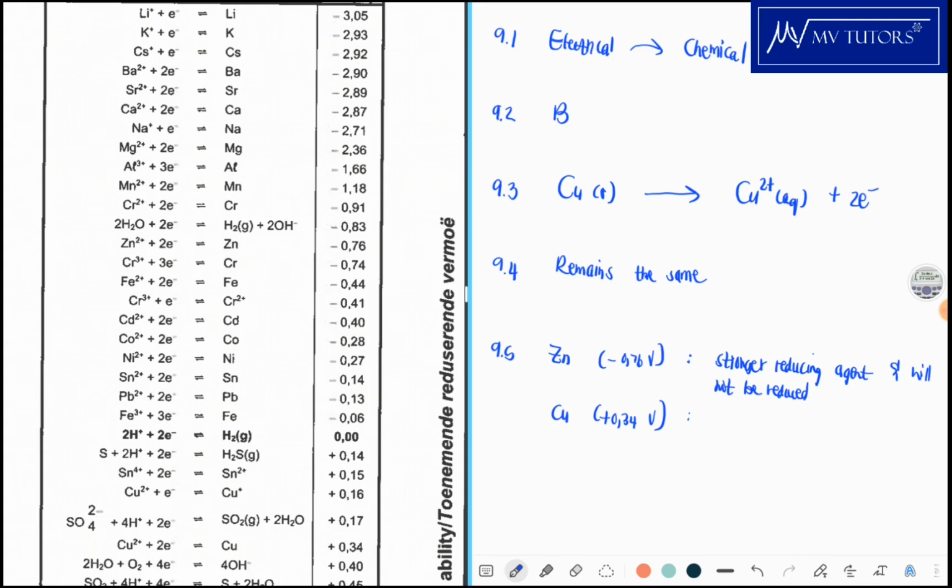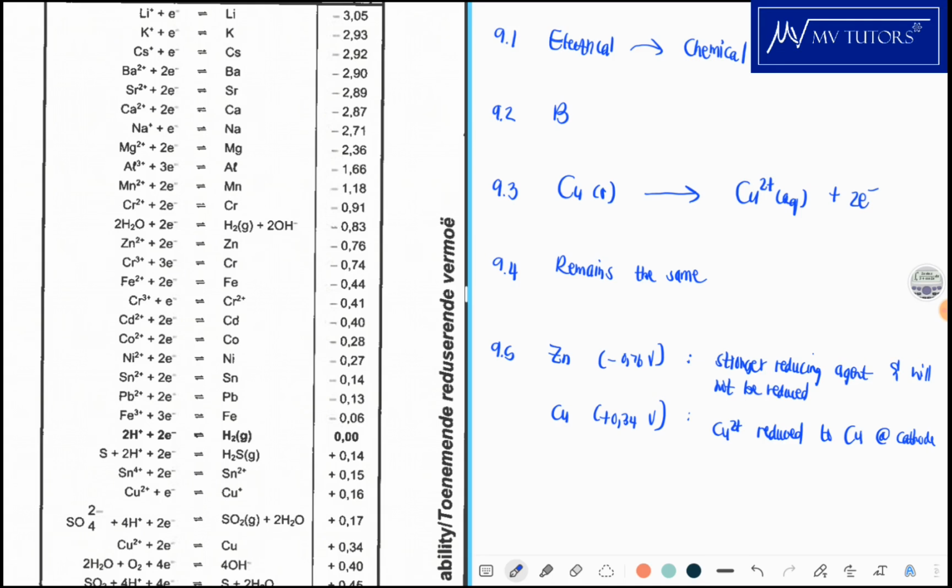Not be reduced at the cathode. Copper on the other side, the copper 2 plus ions will be reduced to the copper metal at the cathode. So zinc is not really a threat to copper.